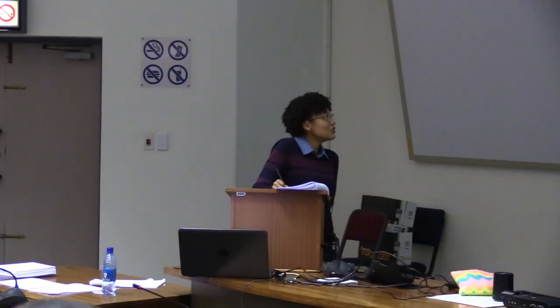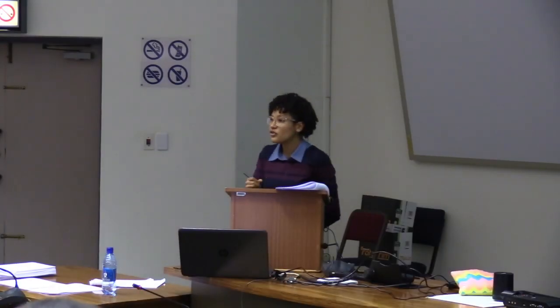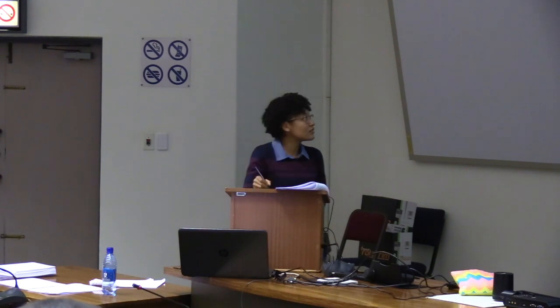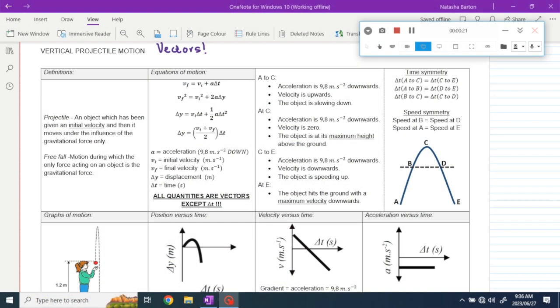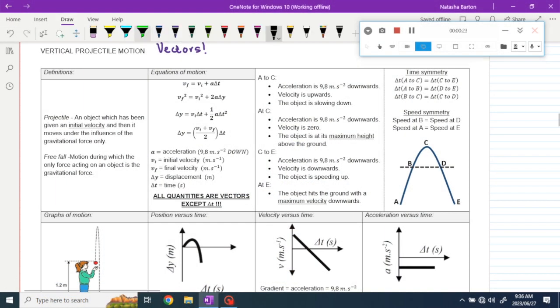Okay, for this section, I'm not going to talk about everything. I'm just going to highlight the important things. Number 1, there's a difference in your exam guidelines between the definition of a projectile and free fall. A slight difference. A projectile is an object that you give an initial velocity.